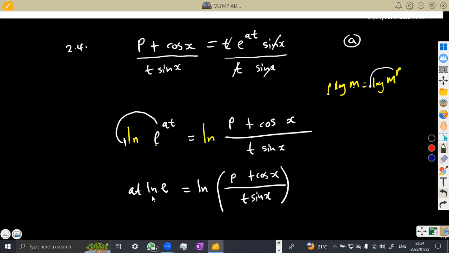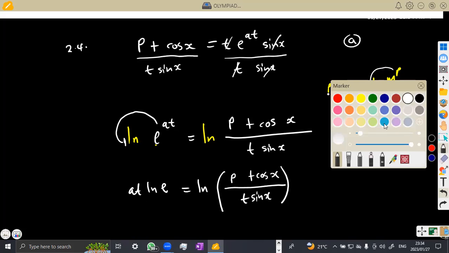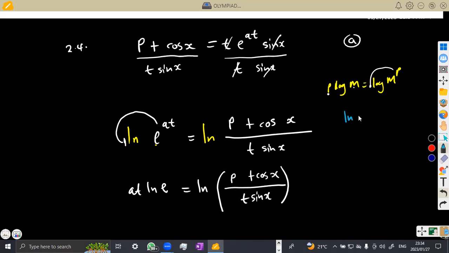From this part, it's very important for you to understand the concept because of the introduction of ln. We know that ln e is equal to 1. So if ln e is equal to 1, you are left with at, which is equal to this bracket, and you want to make a the subject. So what are you going to do? Definitely you divide by t both sides.